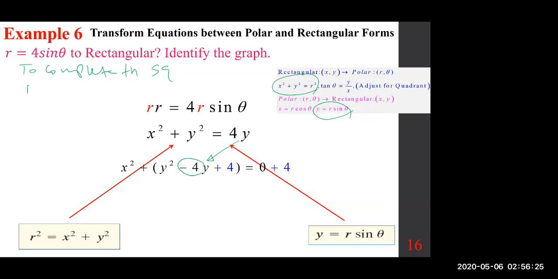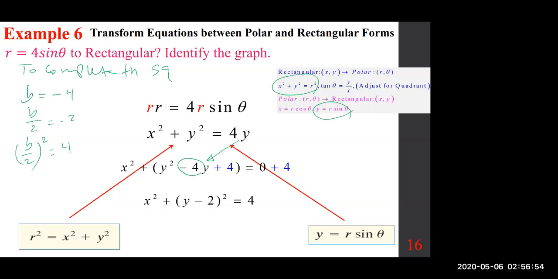You find b. b is negative 4. You divide it by 2. You square that. That's why we are adding 4 to both sides. So the left side becomes x squared plus y minus 2 quantity squared, and the right side is 4.